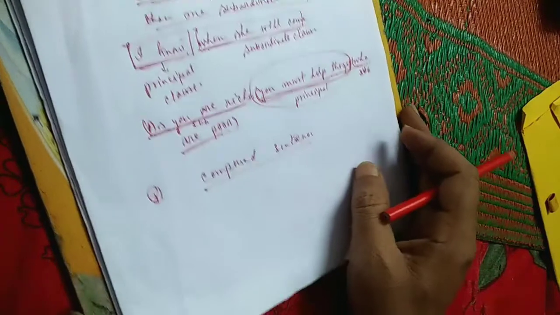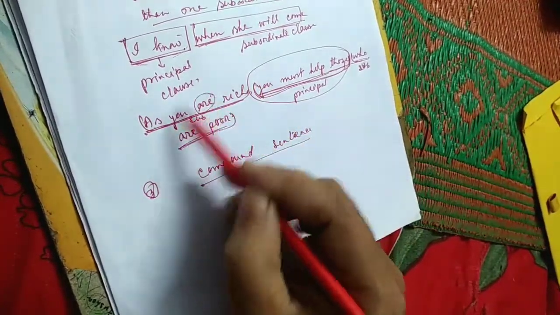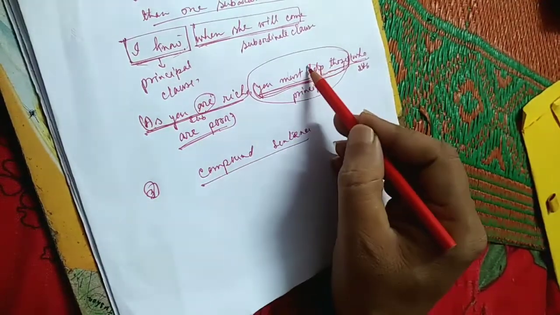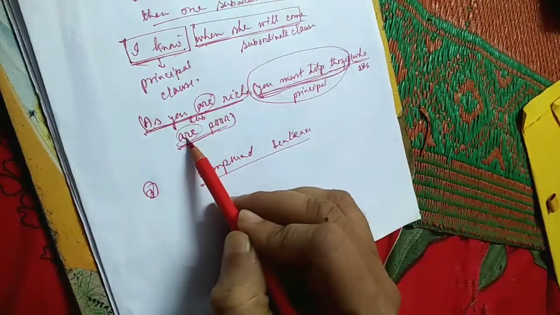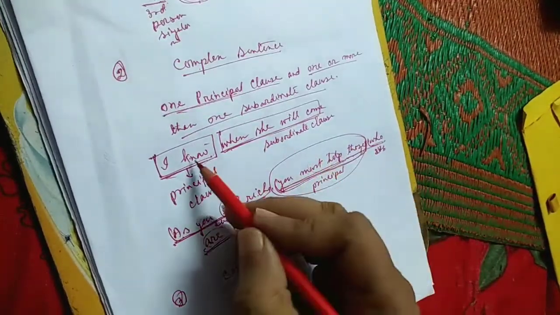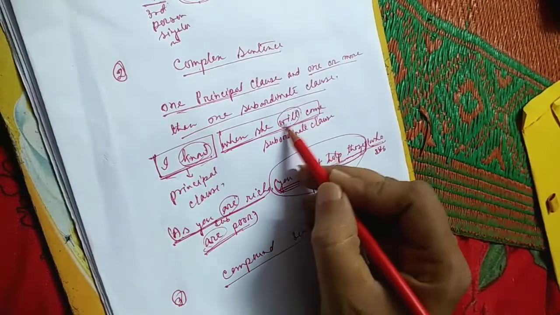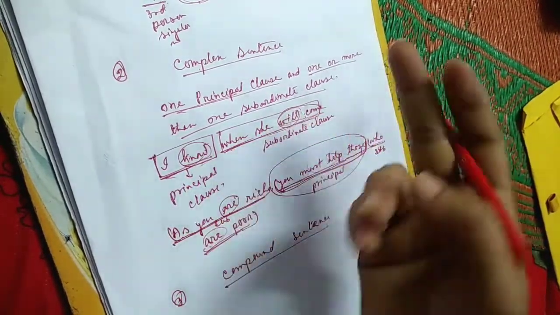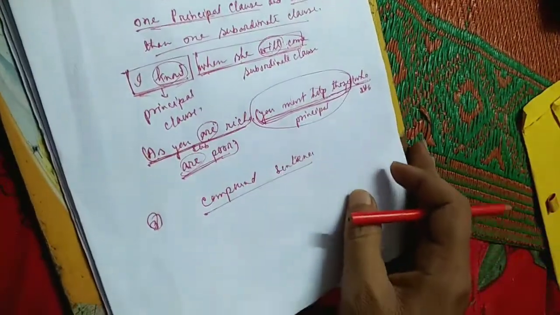Here you can see you are, a finite verb; you must help, a finite verb; who are poor, a finite verb. Three finite verbs, three clauses. In I know when she will come, know is a finite verb and she will come is a finite verb, so two finite verbs, two clauses.